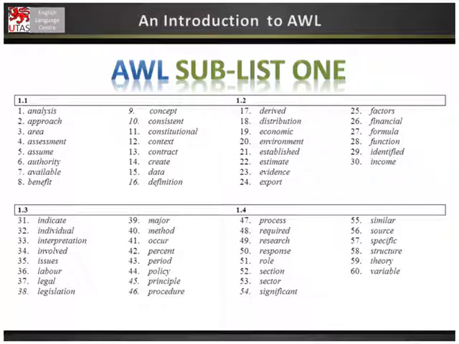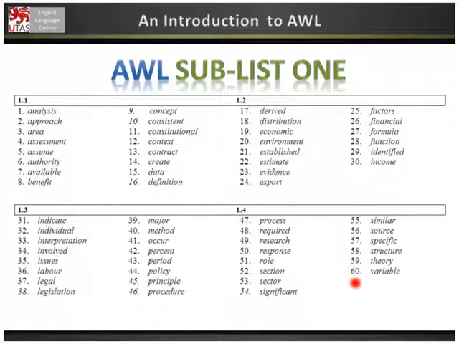The 570 words of the AWL were then further organized and divided by Coxhead into 10 sublists, and each sublist was about 60 words. And here you can see sublist 1. Sublist 1 is in alphabetical order, beginning with analysis and finishing with variable.